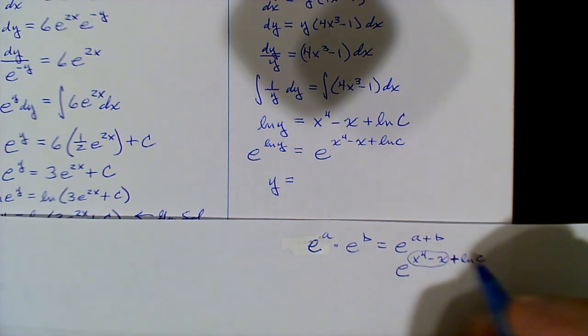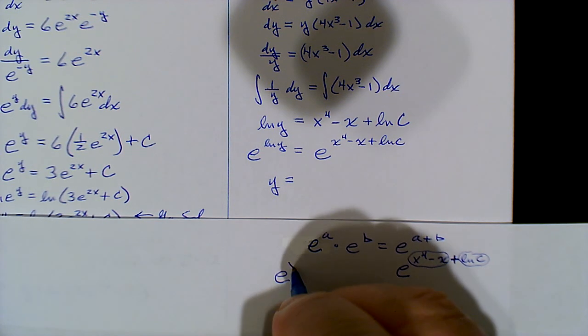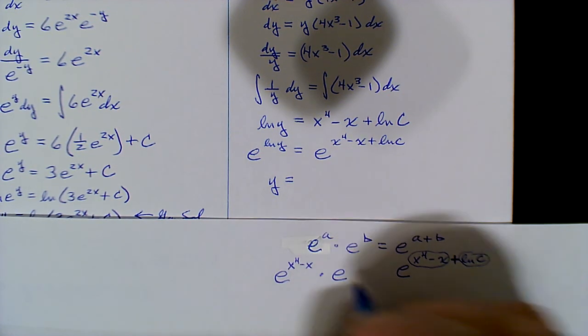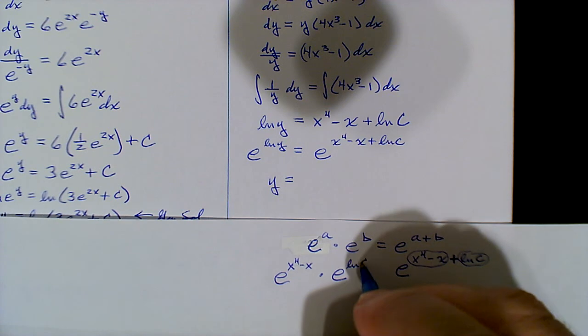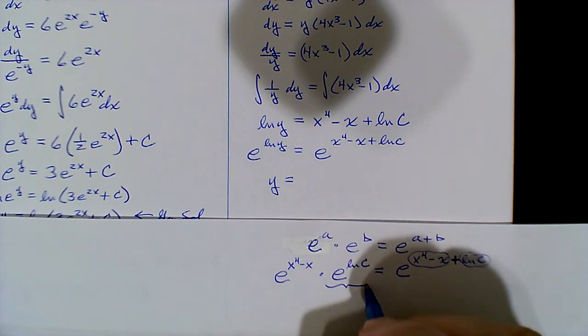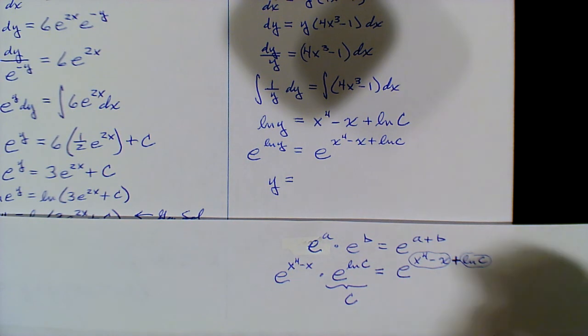But 1 to the fourth minus 1 is 0, e to the 0 is 1, so c is 3. And so then our particular solution is y equals 3e to the x to the fourth minus x. Okay, so that's our particular solution for that one.